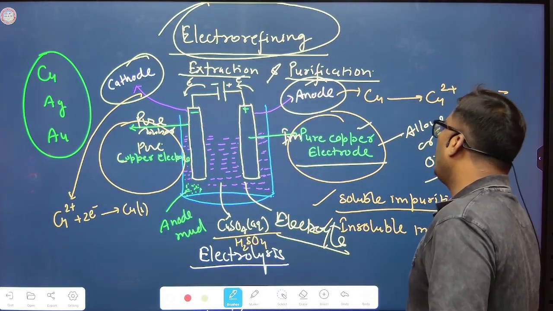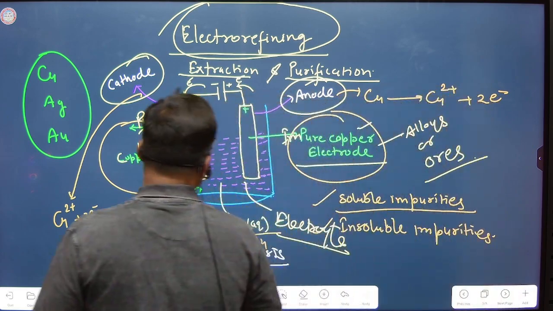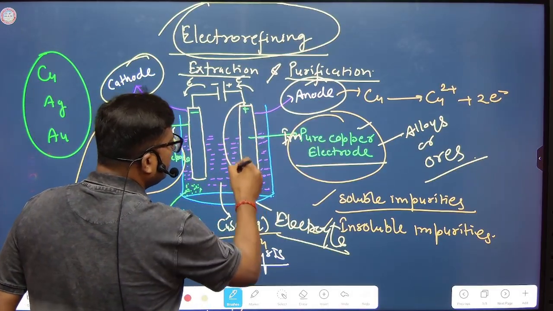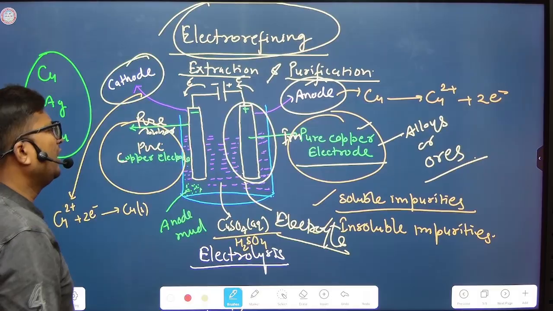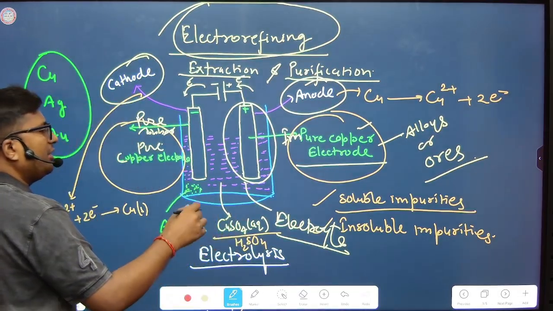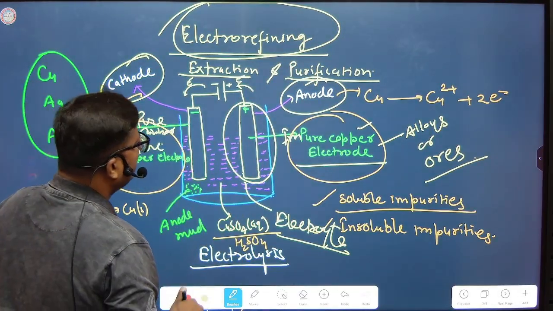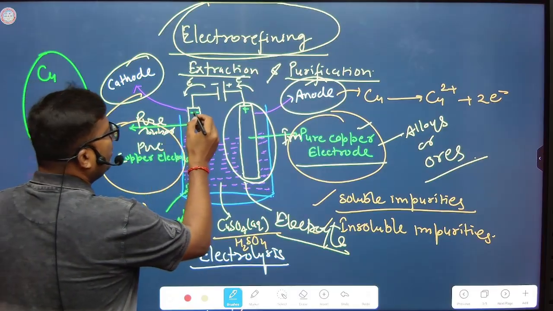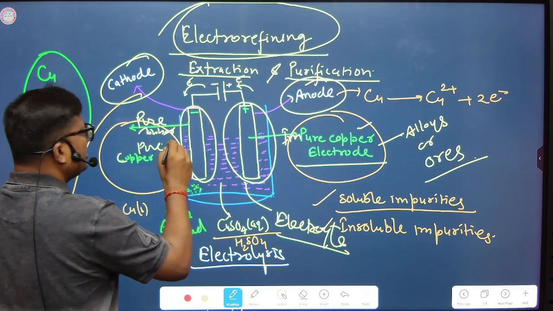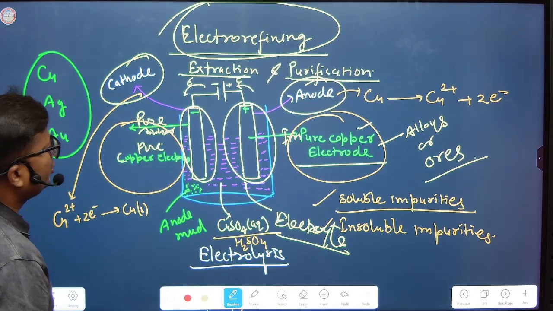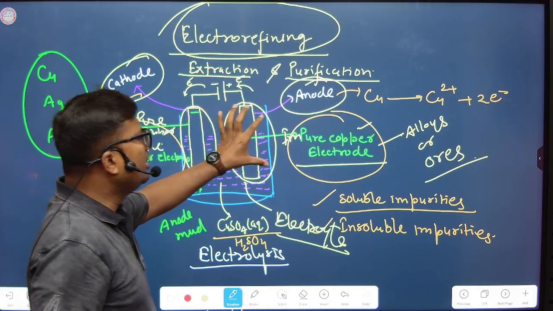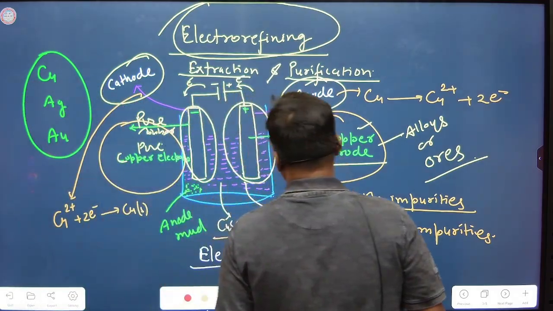So an impure copper strip is developed as the anode. This is your anode. Suppose we want to extract copper from its ore or from alloys, then we need to construct a pure copper strip as cathode, and the anode is an impure copper strip.